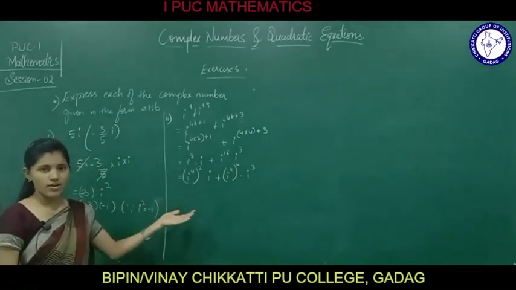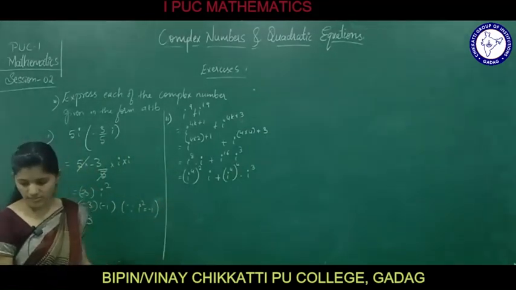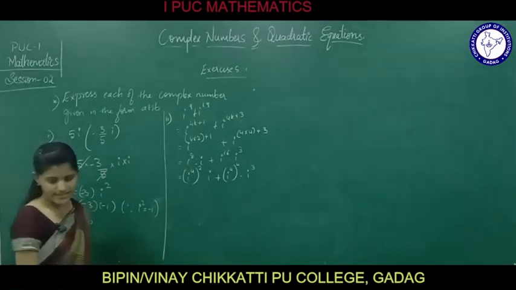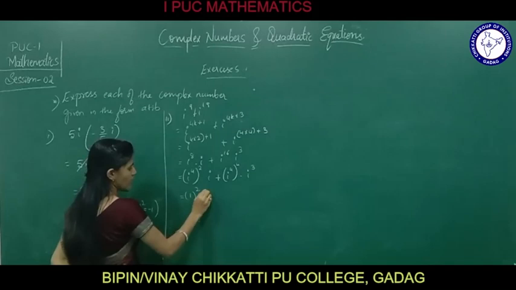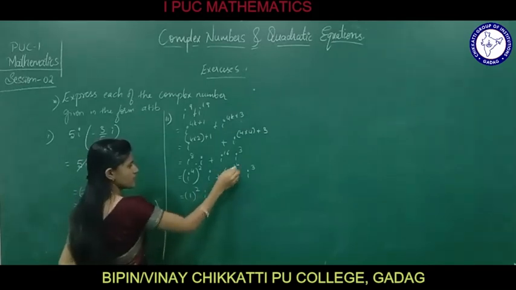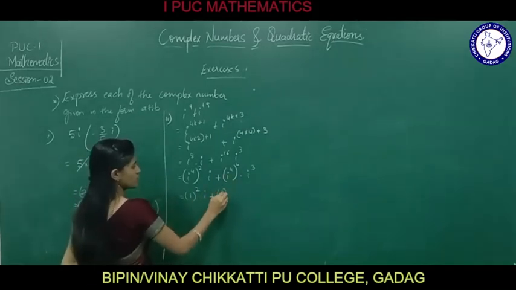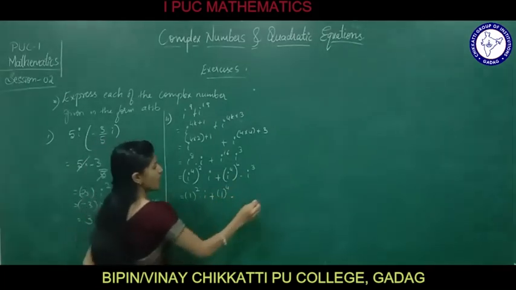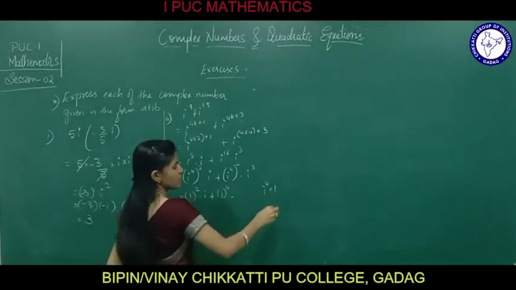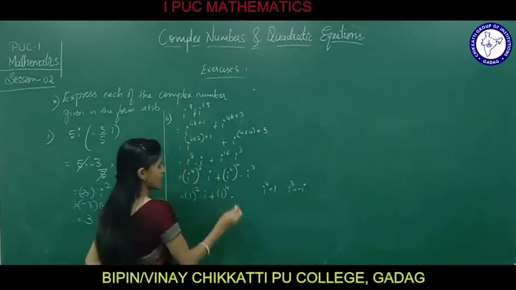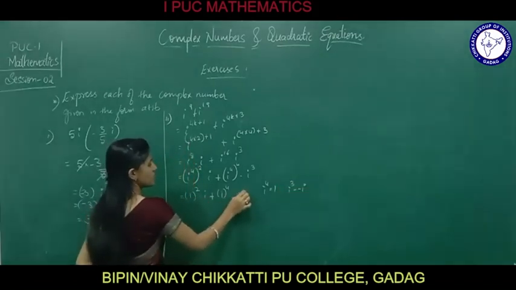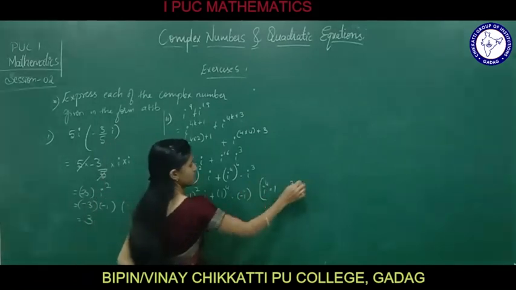We know the value of i raised to 4. It is 1. So 1 square into i plus 1 raised to 4 into i raised to 3, which is minus i.